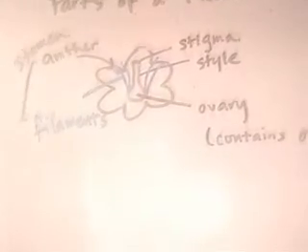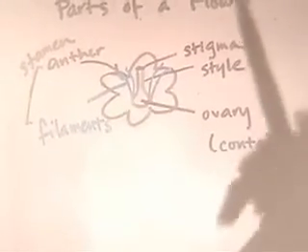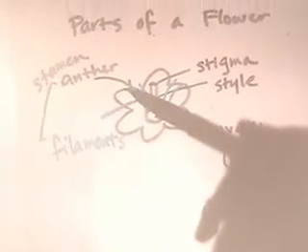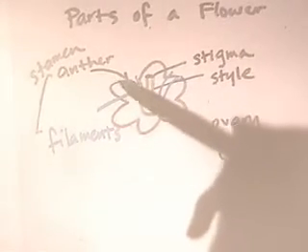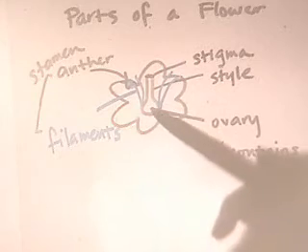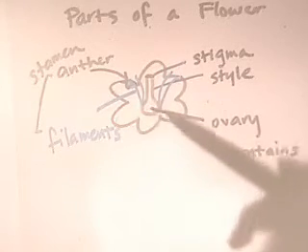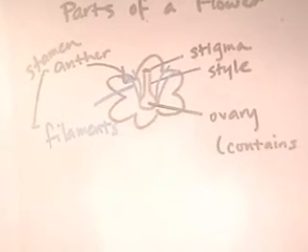The entire male organ is called the stamen. So basically, when you have a flower, your male gametophyte is going to be produced from the cells on the stamen. Your female gametophyte is going to be produced from cells inside the ovary.